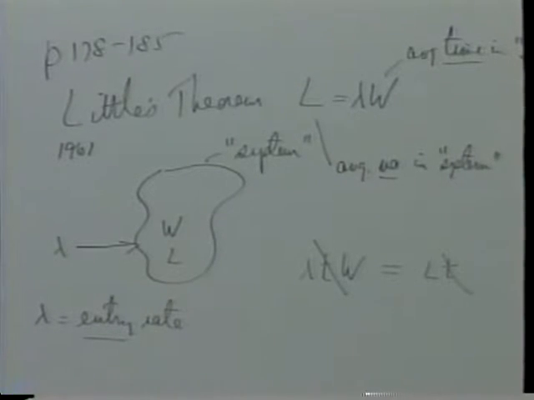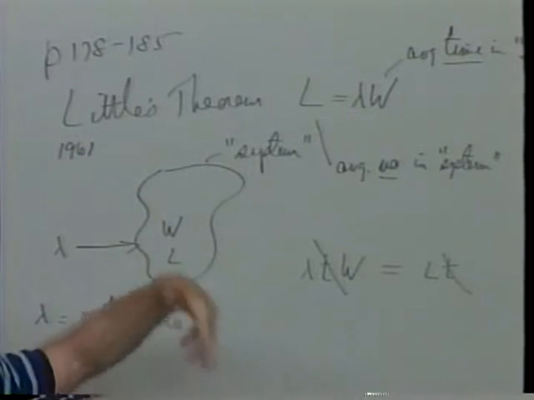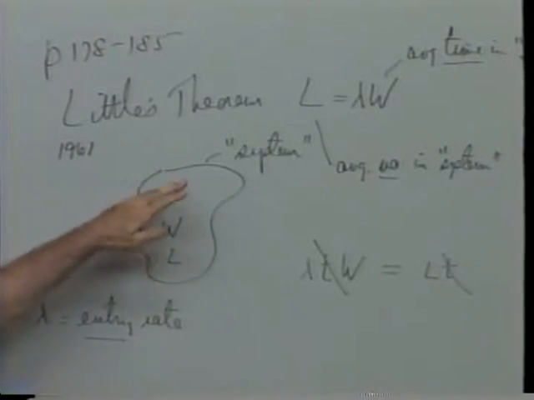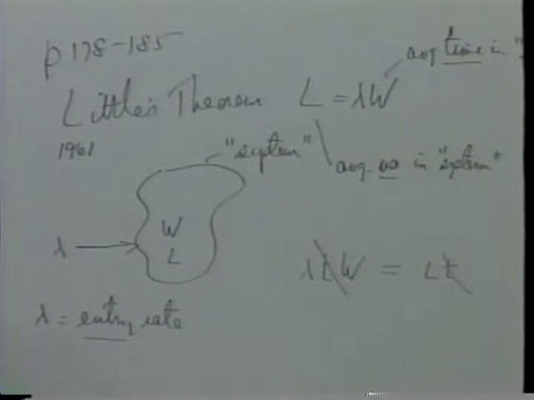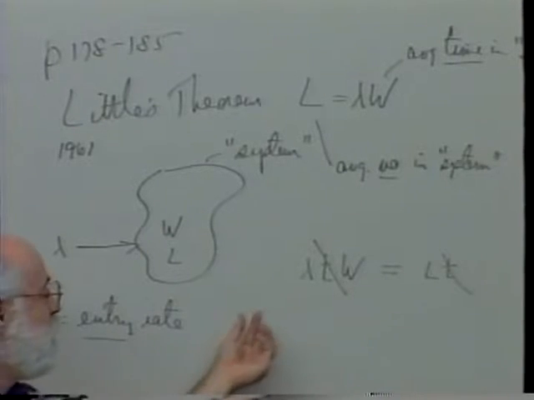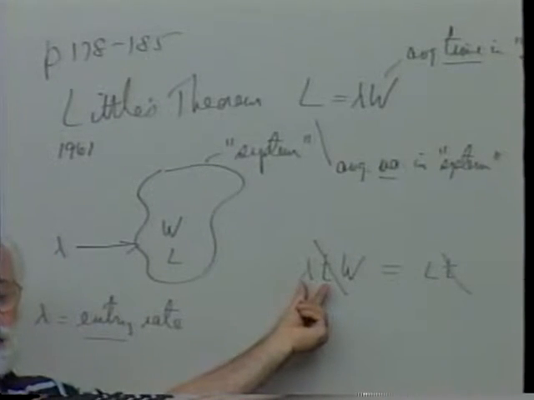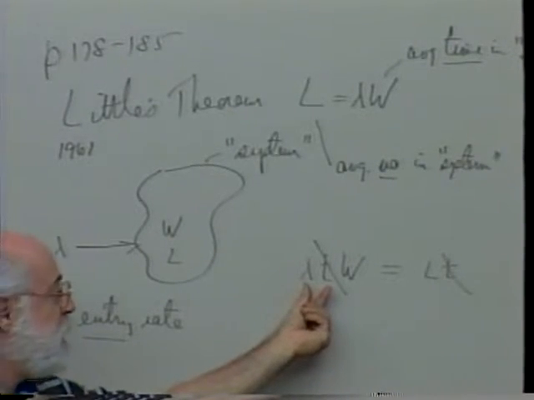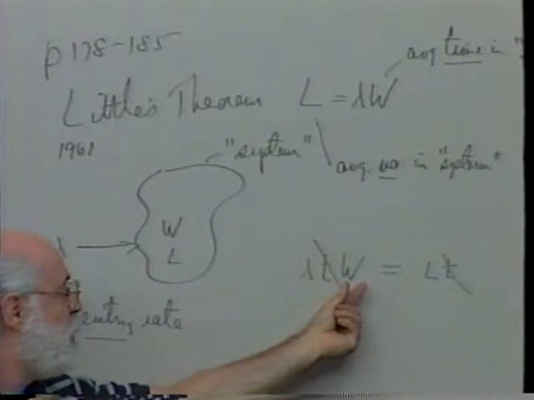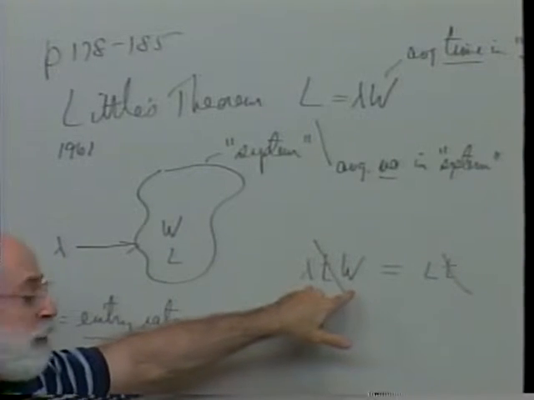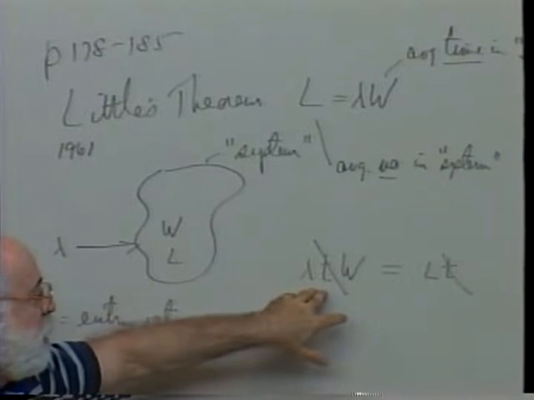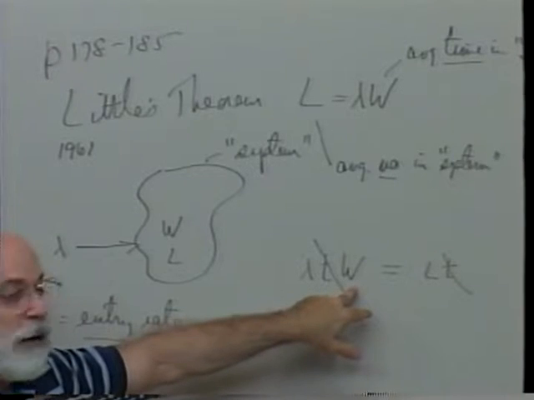Let me hit that argument one more time. You imagine that there's like a reservoir, work comes in and work is used up. And everybody who's present is being worked on at the rate of 1 unit of work per unit of time. So over a long time t, lambda t is the average number of customers who would enter, and each customer spends a length of time W. So in a long time t, the amount of work brought in on average is the average number of customers times the average amount of work per customer.